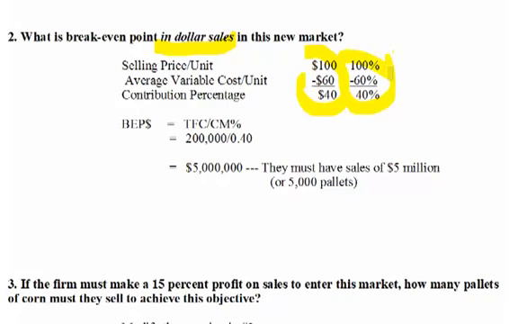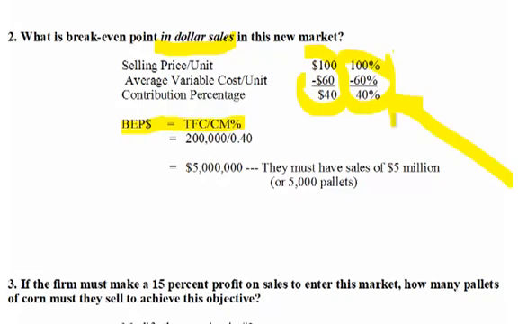Now we have a modified formula, the same one as in the book. Break-even point in dollars, which is dollar sales, equals total fixed cost divided by the contribution margin percentage. That percentage comes from what part of each dollar of sales goes towards paying off our fixed costs, since we measure everything off of selling price.